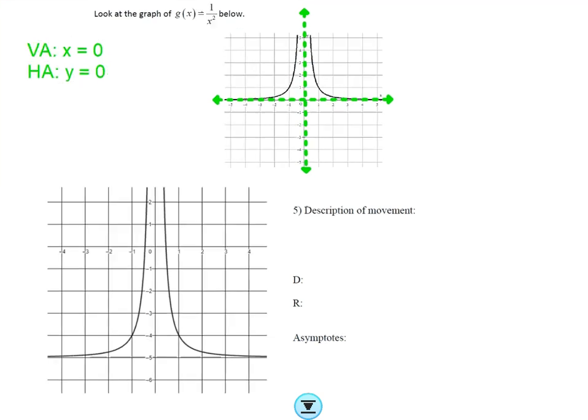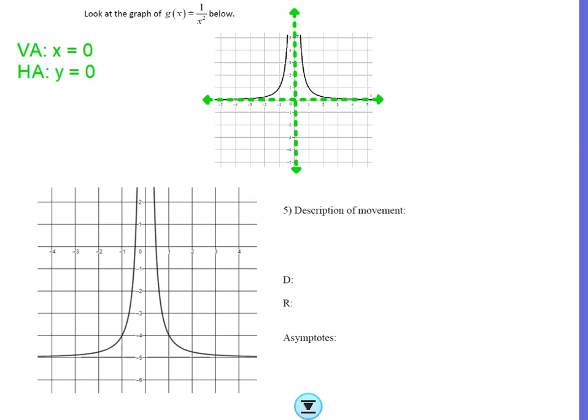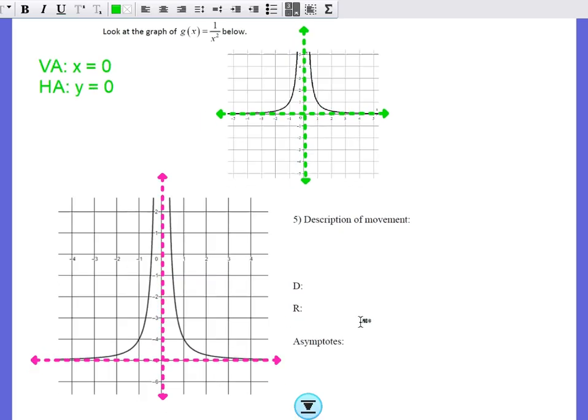And then for the description of the movement, well, first of all, I'm going to put the asymptotes in here, like so. And I can see that my vertical asymptote is still on the y-axis, x equals 0, but my horizontal asymptote is now y equals -5.